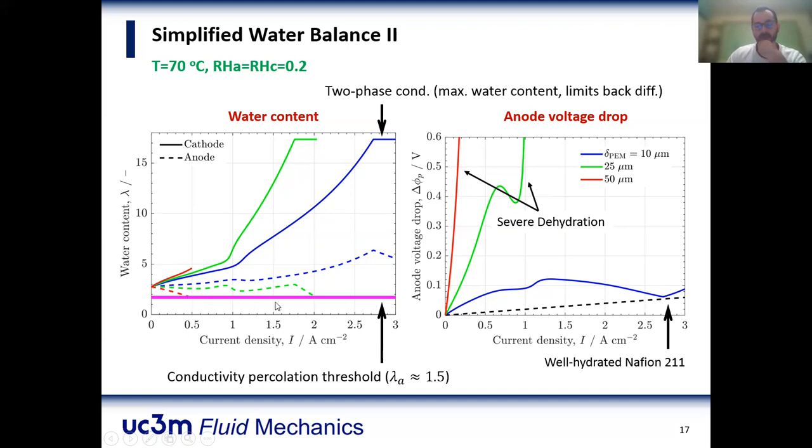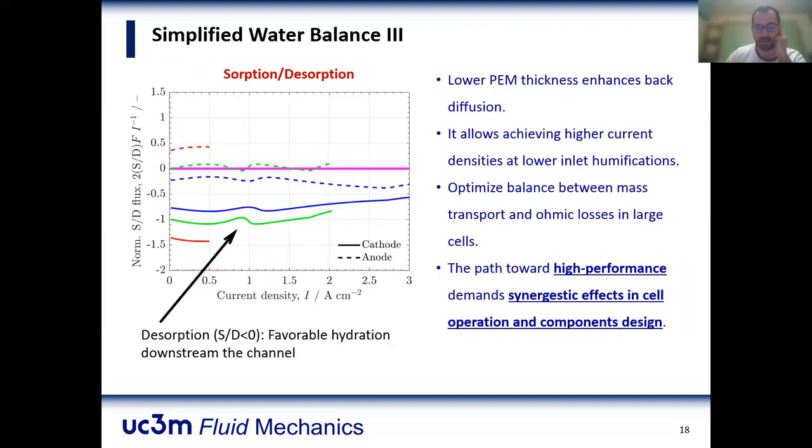What you can see here is that with the dehydration of the anode, we reach the percolation threshold of the conductivity. From there, we can no longer have an acceptable performance. So that's good, and here we can even look at the absorption and desorption.